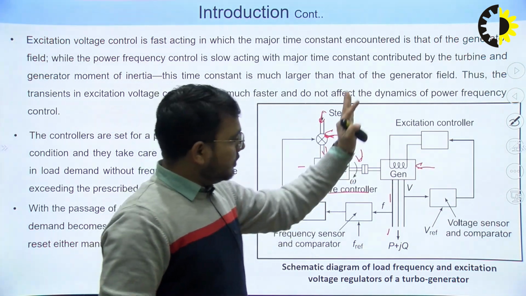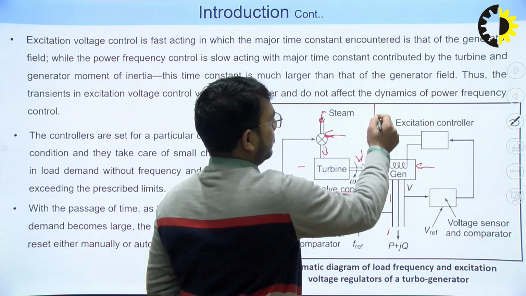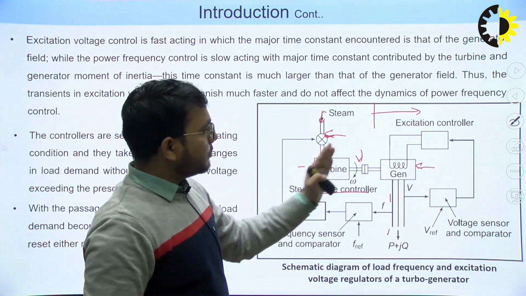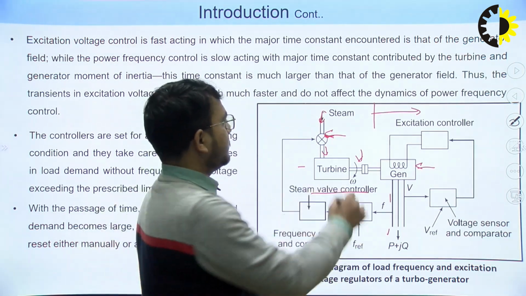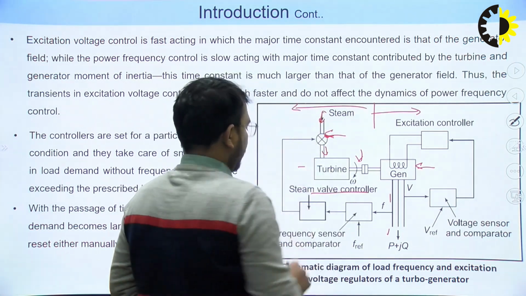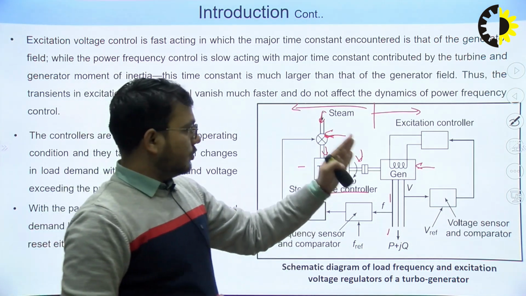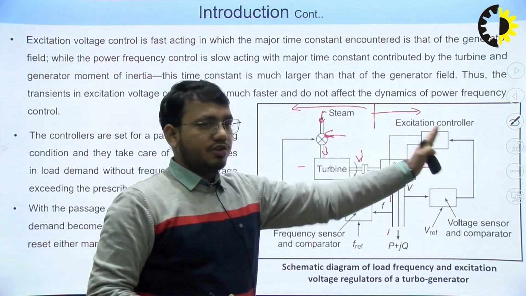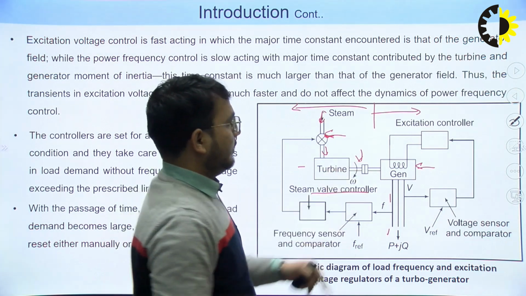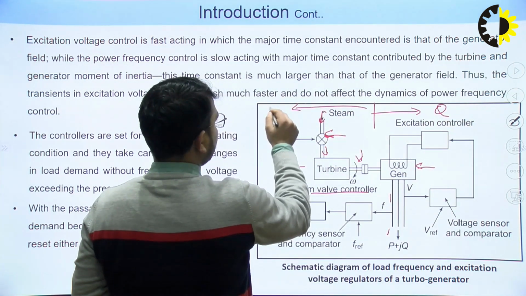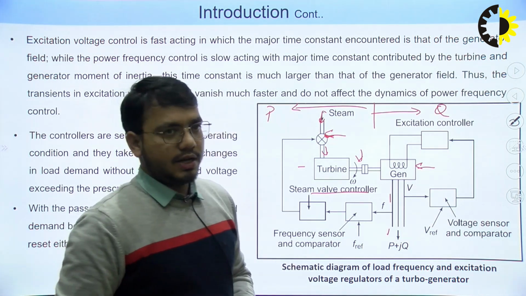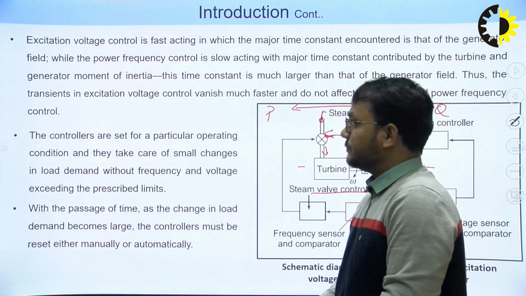So this portion is basically dealing with voltage control and this portion is dealing with frequency control, right? There are two types of control, voltage control and frequency control, and voltage control controls Q, while this controls P, that is real power, right?